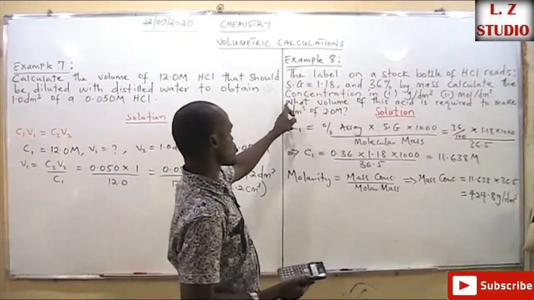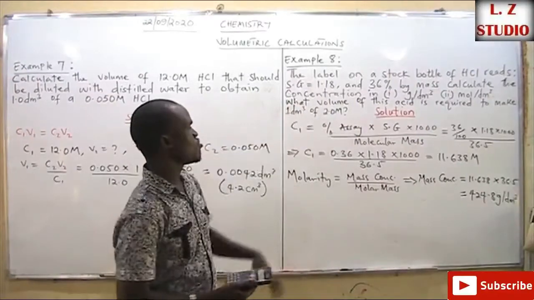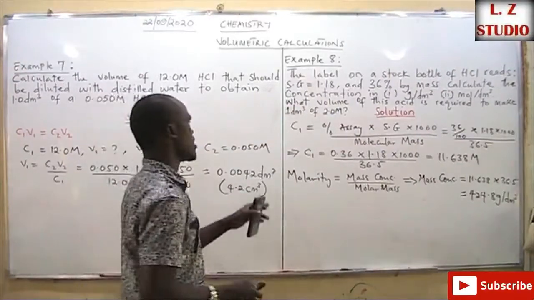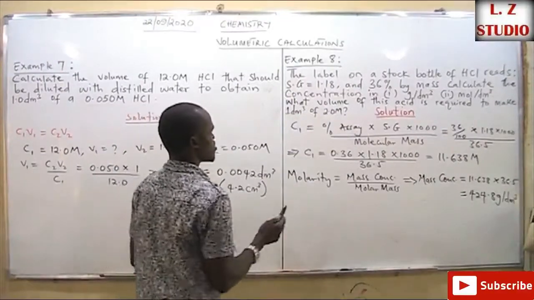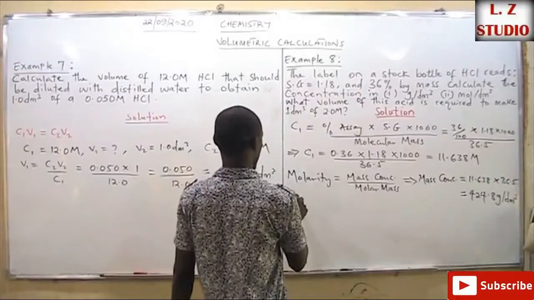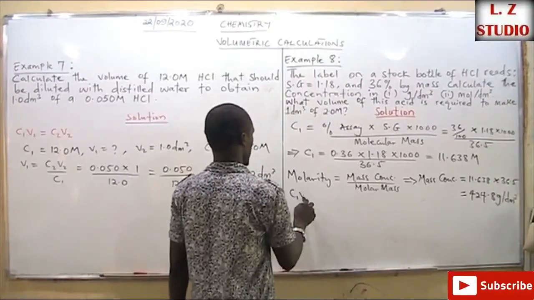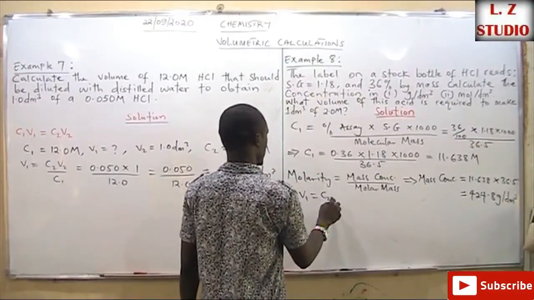The last question says, what volume of this acid is required to make 1 dm cube of 2 molar hydrochloric acid? Since we know C1, we are going to use our dilution formula.